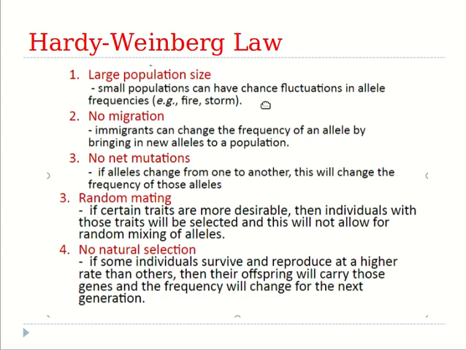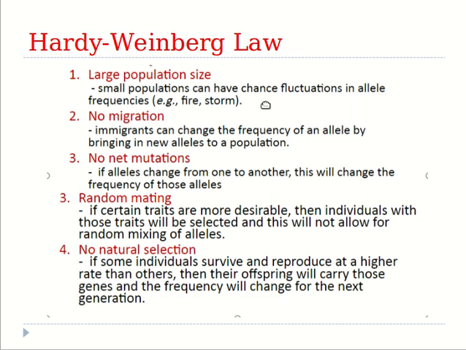Then no net mutations. If alleles change from one to another, this will change the frequency of those alleles. I hope you know what alleles are, right. For example, when you have been studying genetics, for homozygous tall you may have written capital T, isn't it? And each of these is considered to be an allele.